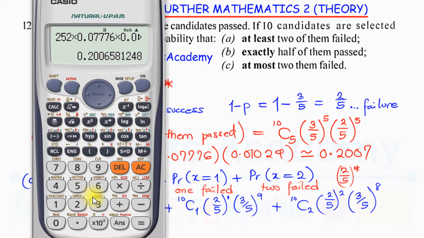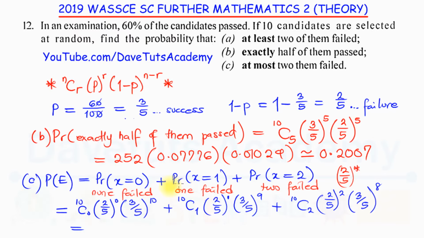So let me just say I have 3 over 5 raised to power 10. That will be quite enormous. Okay, so 0.00604661. Looks like we worked with something like that before.